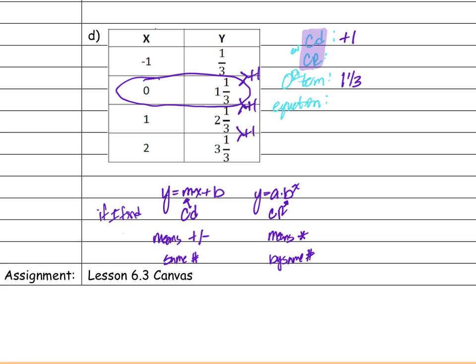So this time I was adding, so I'm going to use the equation y equals mx plus b. So this should be y equals 1x plus, my 0th term is 1 1/3. Okay, so I'm going to stop.